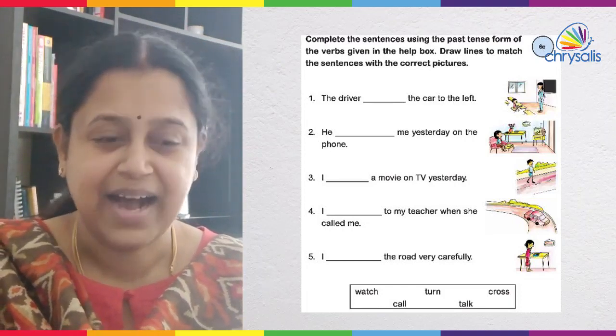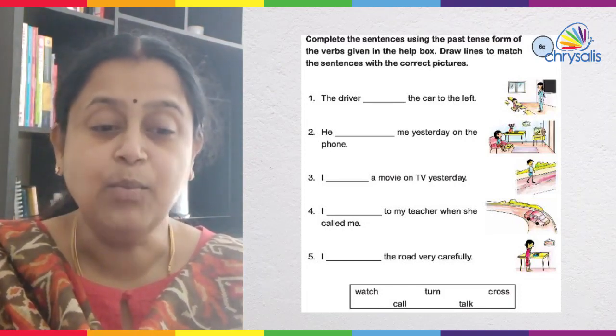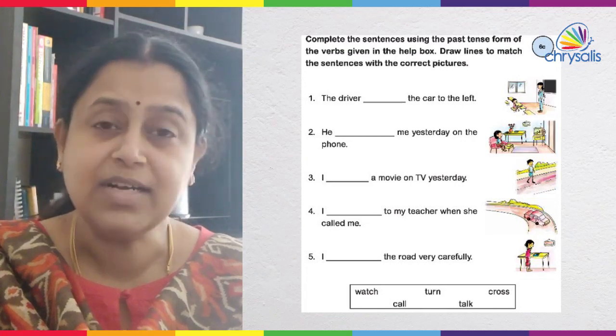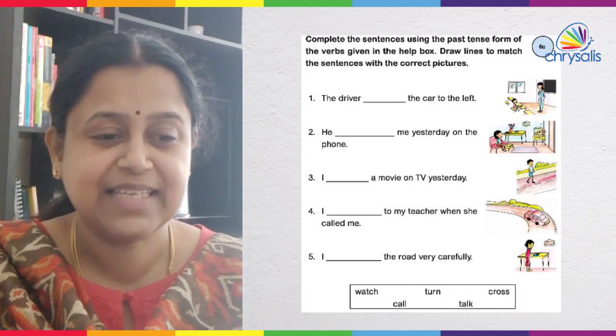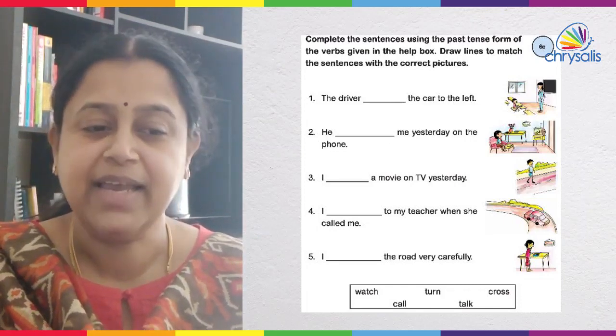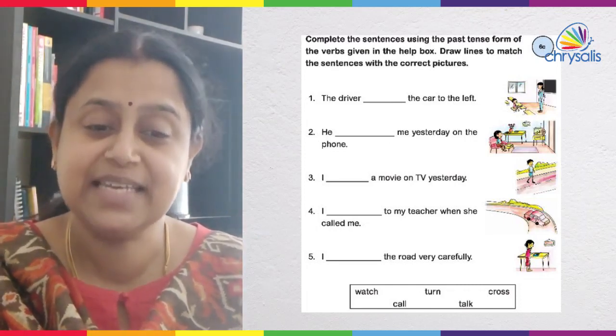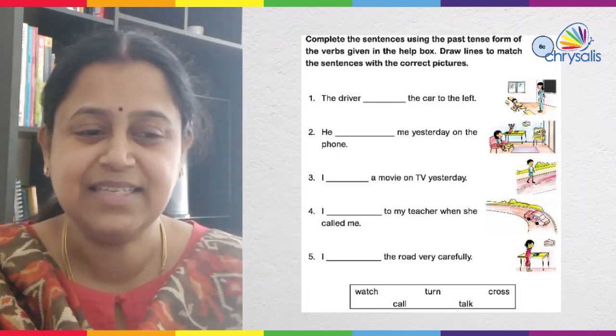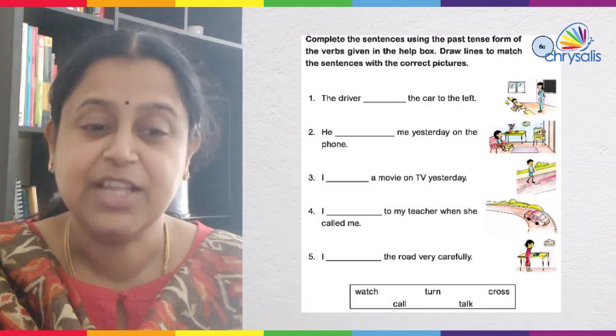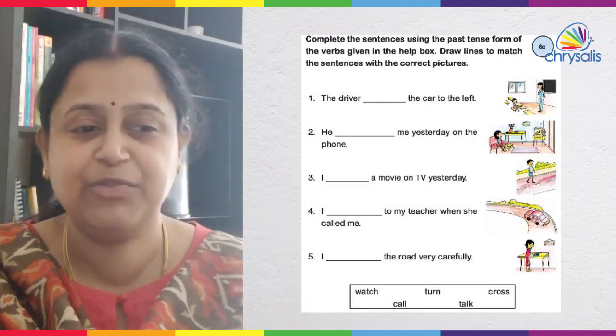Third one, I dashed a movie on TV yesterday. The fourth sentence is, I dashed to my teacher when she called me. Last sentence is, I dashed the road very carefully.